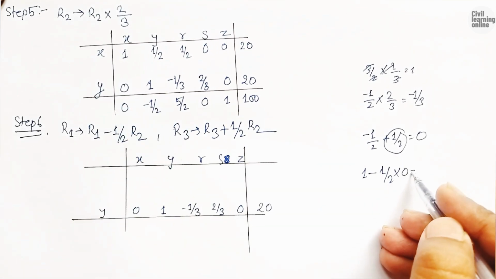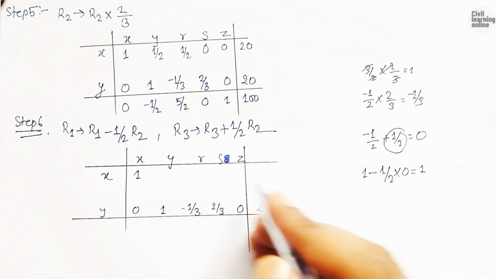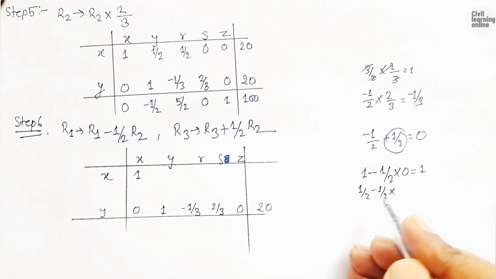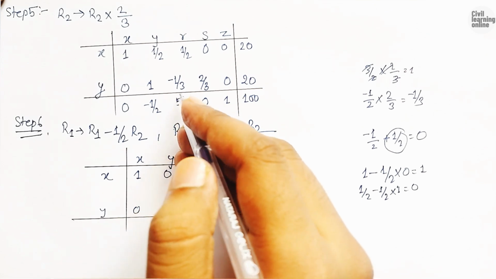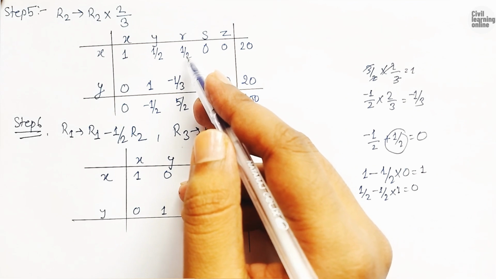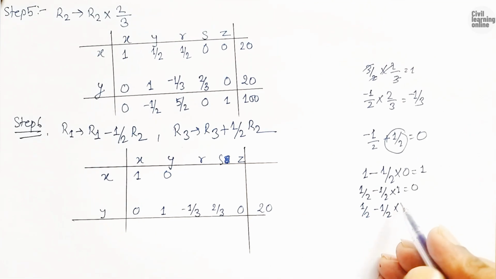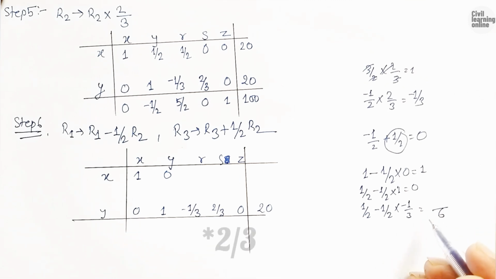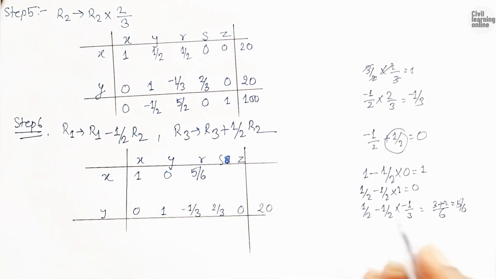R2 is 0, so we will get 1 here for X, and minus 1 by 2 times 1 gives 0 here for Y. Now for R, we have 1 by 2 minus 1 by 2 times minus 1 by 3, so on solving this we get 3 plus 2 by 6, which is 5 by 6.